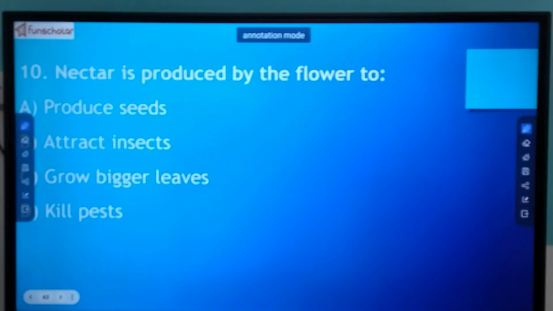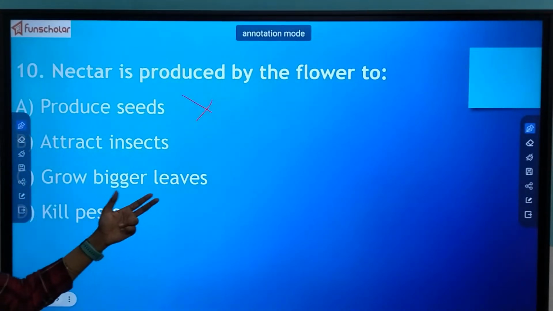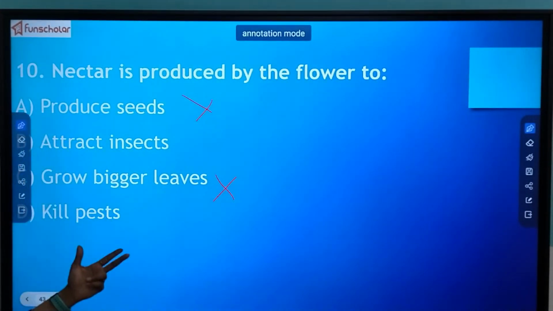Nectar is produced by flowers to produce seeds? No. Grow bigger leaves? No. Kill pests? No. Then what is the function?